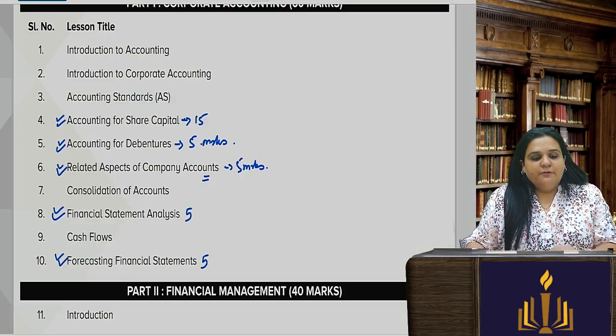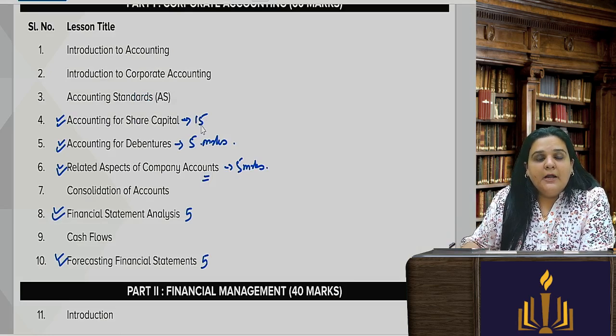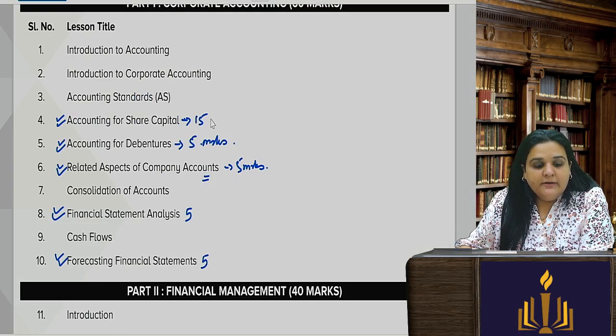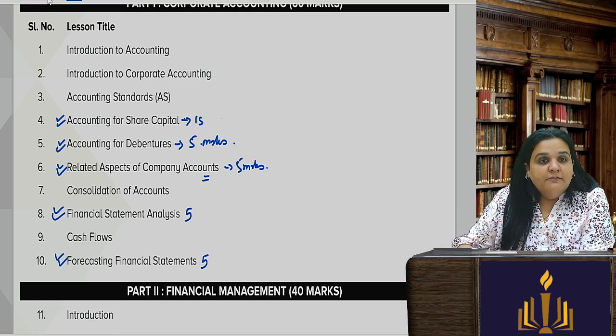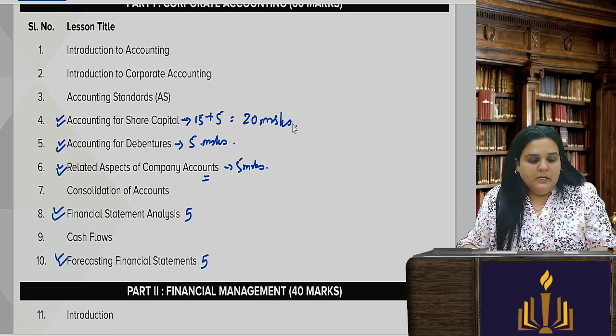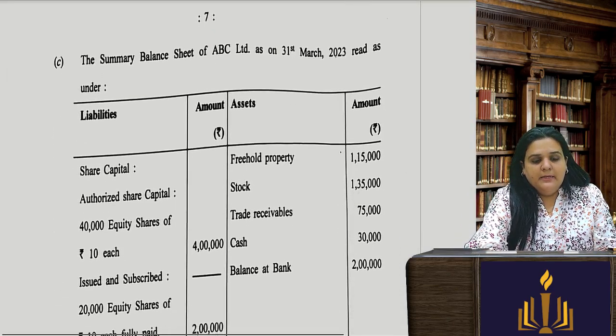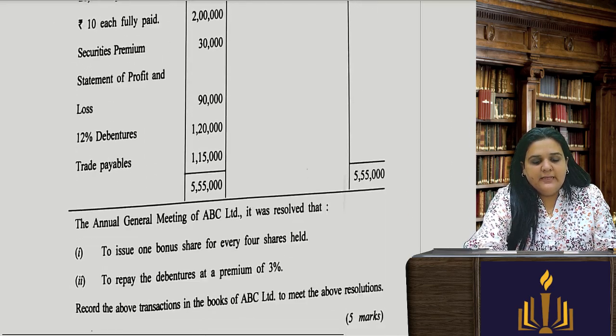This again is from accounting of share capital, wherein we have part of preference share capital, redemption of preference share capital. So I can say here it is 15 plus 5, 20 marks already.